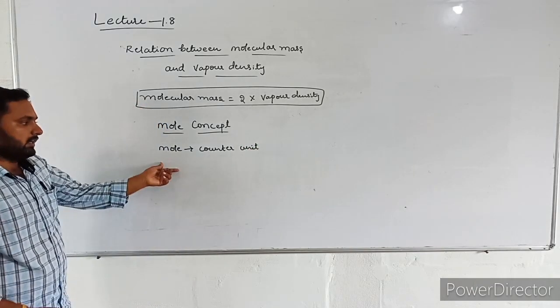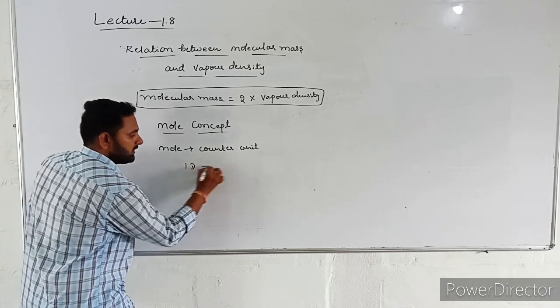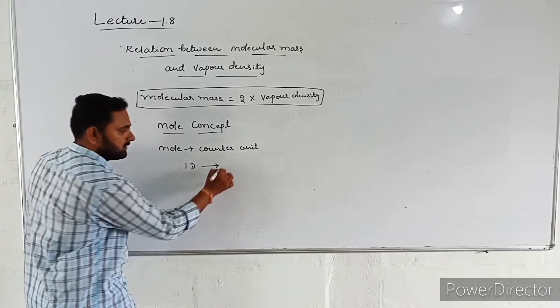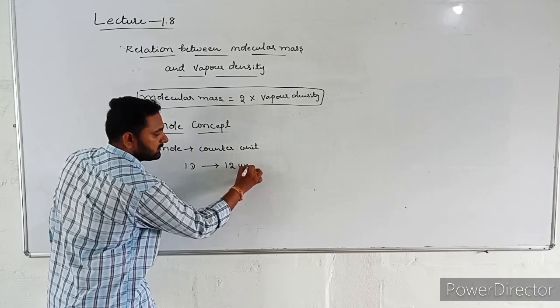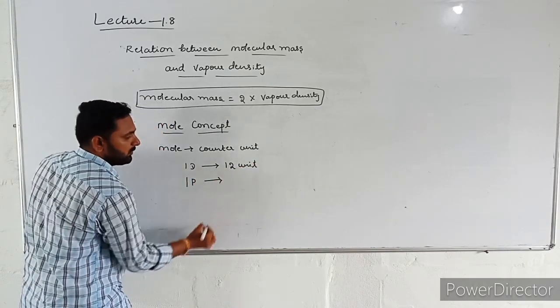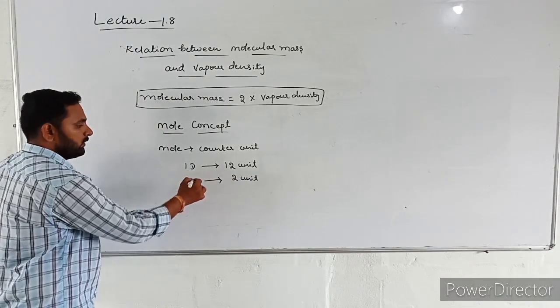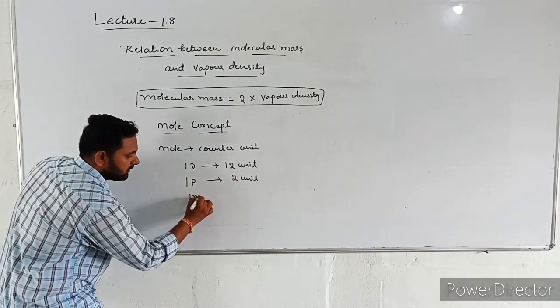What is a counter unit? Counter unit means like 1 dozen. 1 dozen is equal to how many units? 12 units, right? 1 pair is equal to how many units? 2 units, right? 1 mole is equal to how many units?